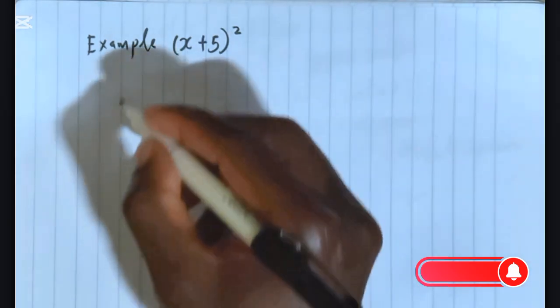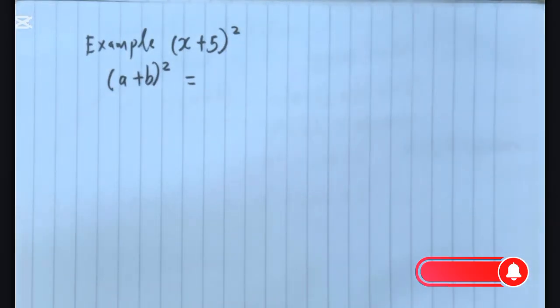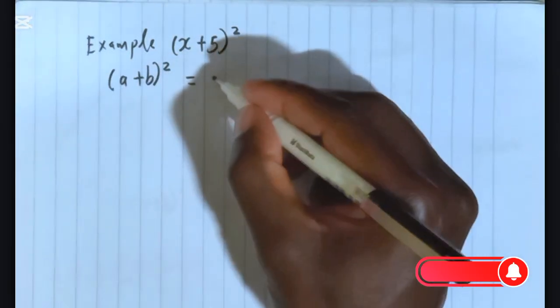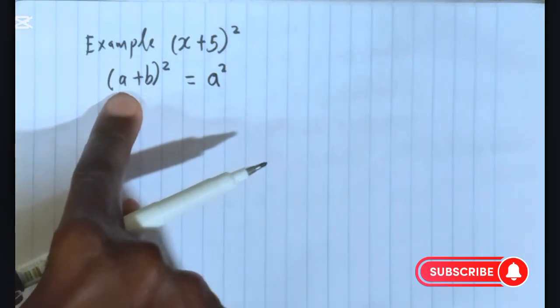Let us just refresh our memory on the previous work that we did in the introductory part of this video, where I took a plus b and I was supposed to square it. I want you to notice what happened with our answer. Our answer was a squared, note that we got a squared.